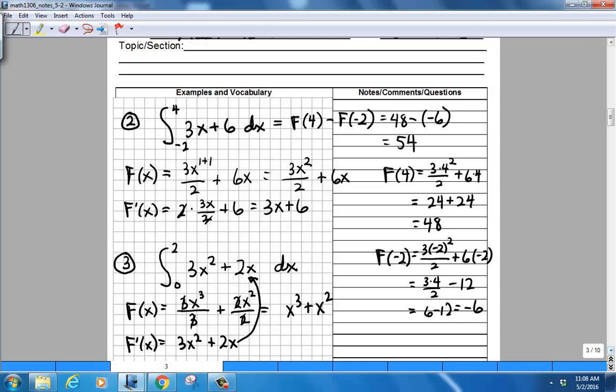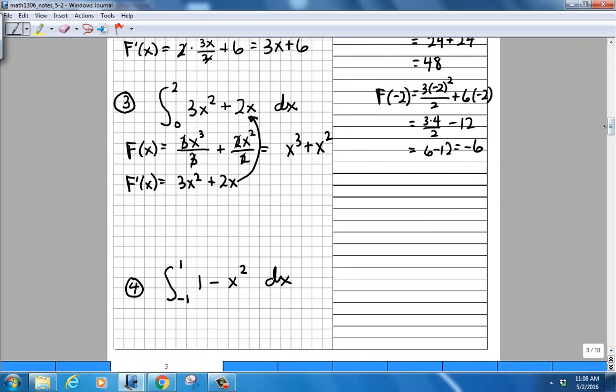And now to evaluate the integral, let me rewrite it here. So I have the integral from 0 to 2 of 3x squared plus 2x. I just take capital F of 2 and subtract off capital F of 0. So make sure you subtract off capital F of the lower limit there. What is capital F of 2?